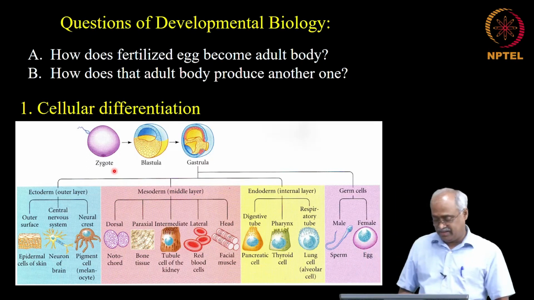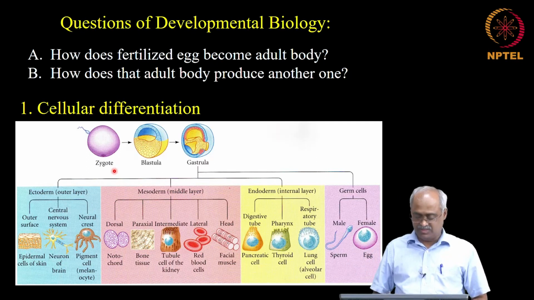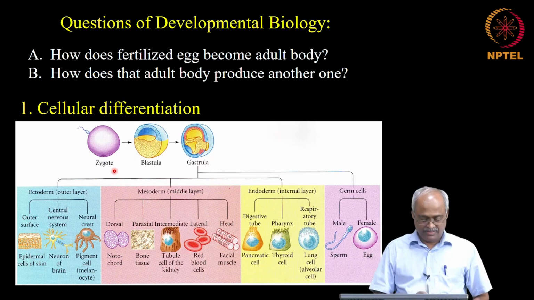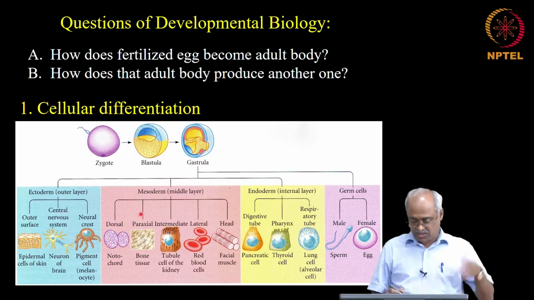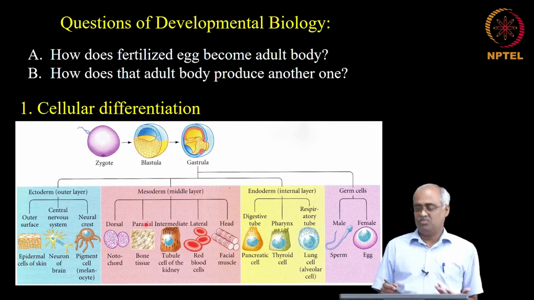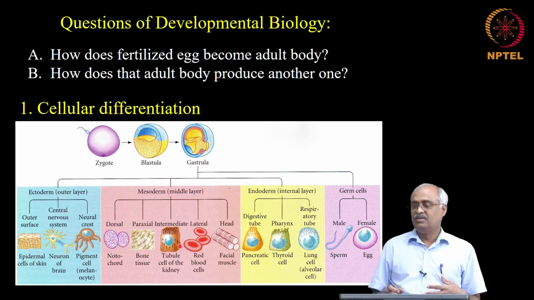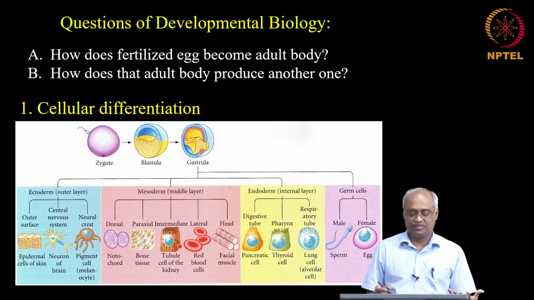So what are the kinds? If you are wondering, it is given in this picture. Yeah, so you can see at the left end you have epidermal cells, you have skin cells, nervous system, neurons, these two do not look alike, and so on. If you go, the pigment cells are very different. Then notochord, that will come in the embryo, that is a transient structure. Bone, bone cells are very different from the nephrons of the kidney, right?